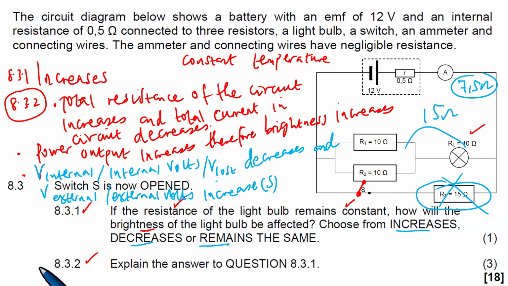So now you're able to see that the external volts increase. When the external volts increase, it leads to an increase in the power, and therefore an increase in the brightness of the light bulb.